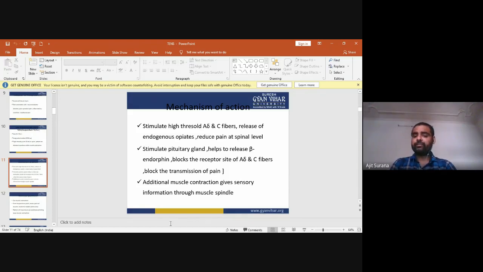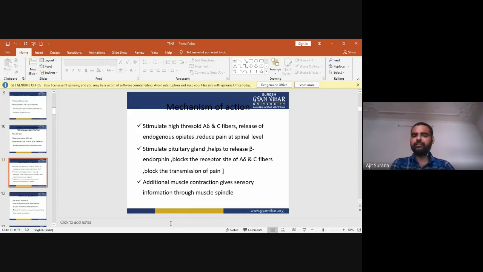Additional muscle contraction gives sensory information through the muscle spindle. This is the mechanism of the low frequency and high intensity TENS, or acupuncture type of TENS.